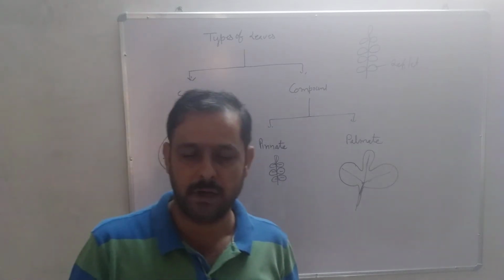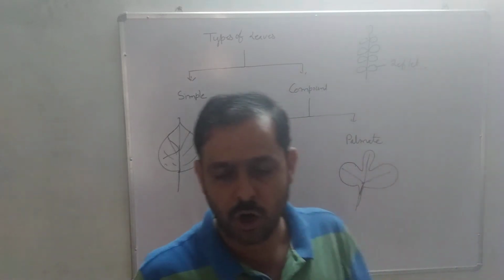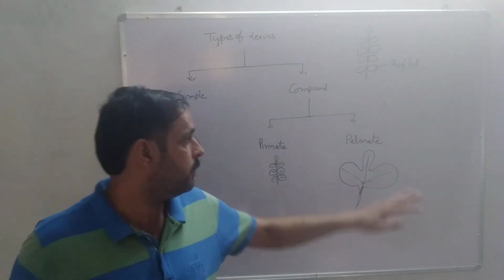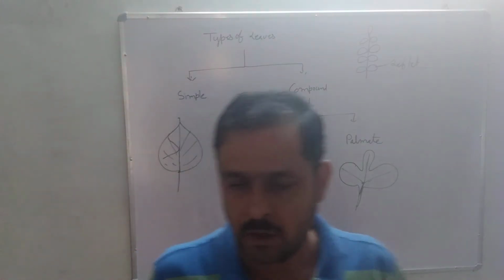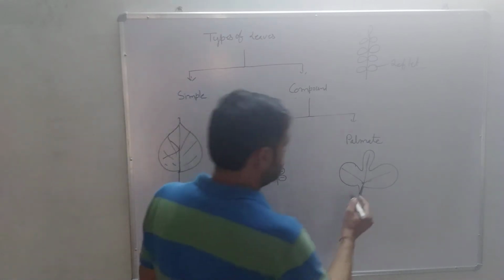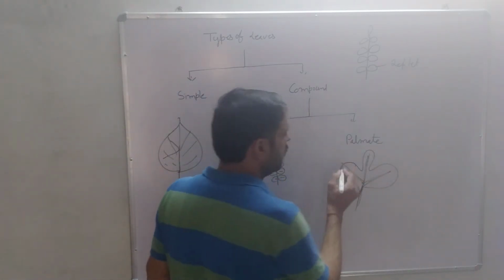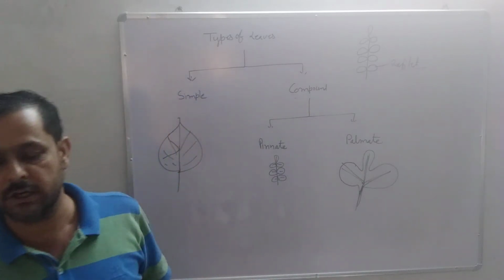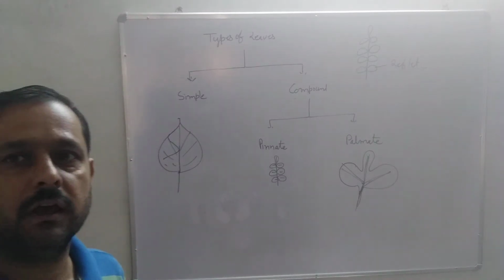Pinnate means the leaflets are attached to the midrib or rachis, but in palmate the leaflets radiate from the end of the petiole. This is the petiole, and from here the midrib is divided into different parts, then it is called palmate.